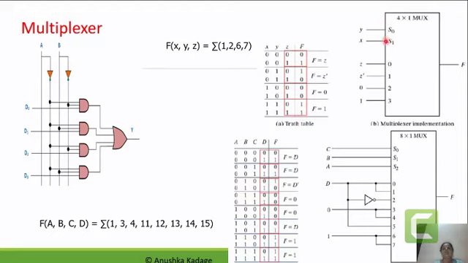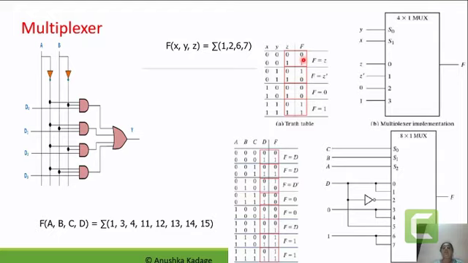And that's why the two select lines x and y, which remain constant for more of the time as compared to z, will be assigned to the select lines, and f we are going to define in terms of z.